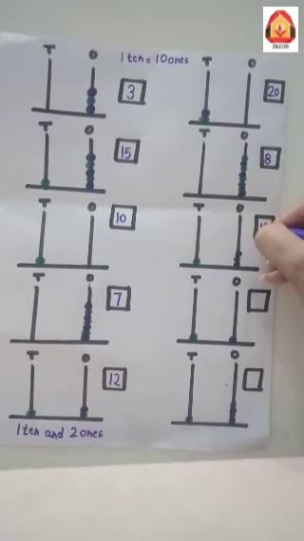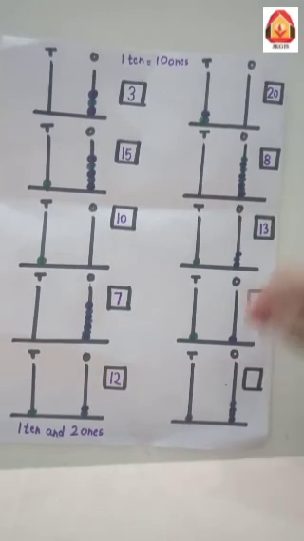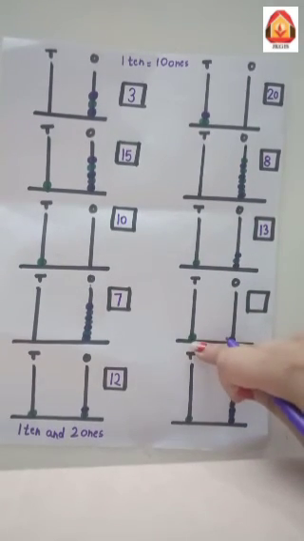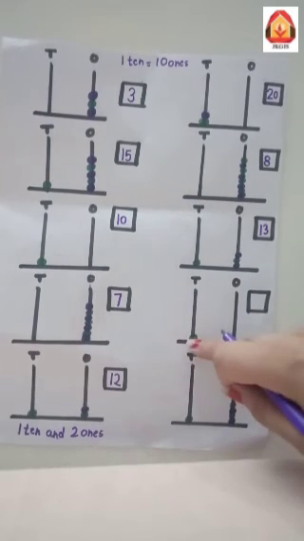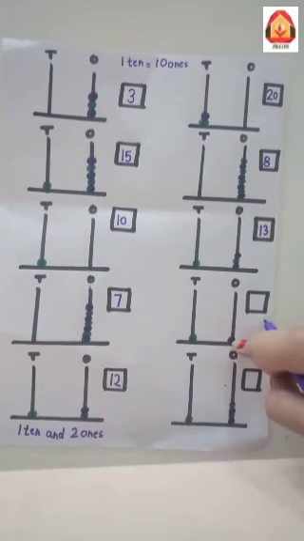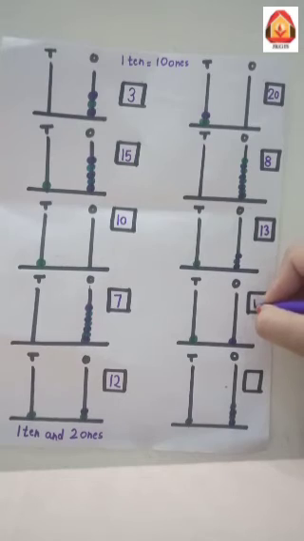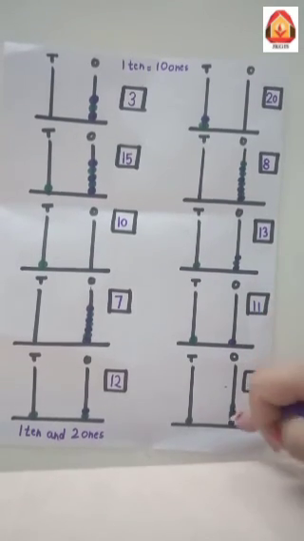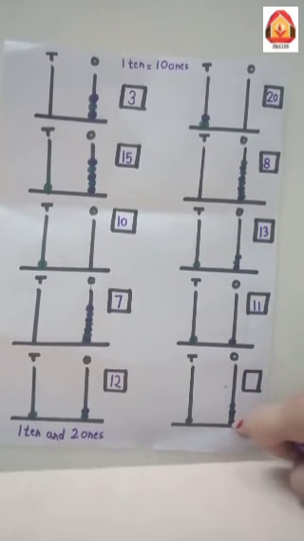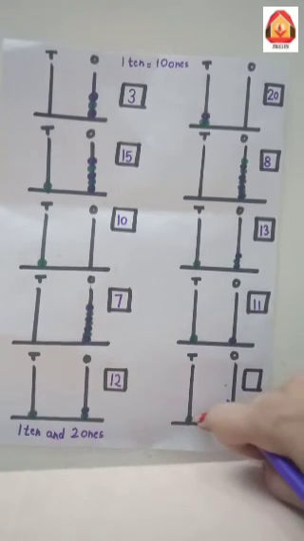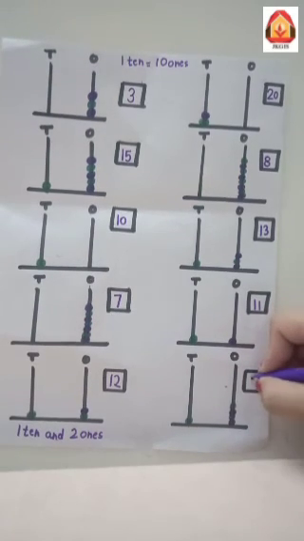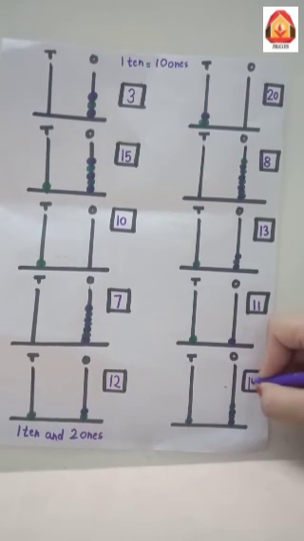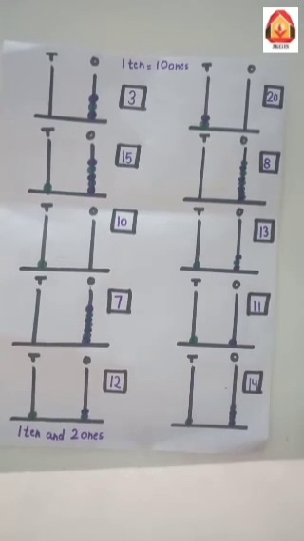And here 1 in ones place and 1 in tens place. So 1 1, 11. Now in the last, 1, 2, 3, 4 beads in ones place and 1 bead in tens place. So 1 4, 14.